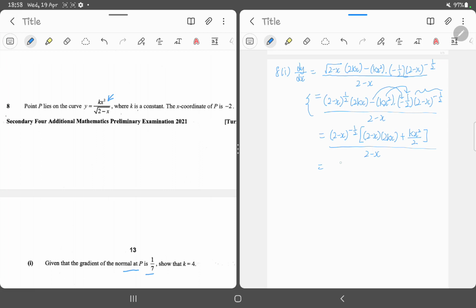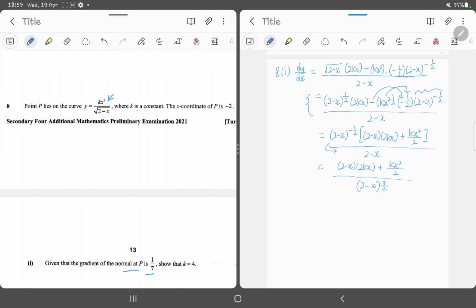So we get 2 minus x, 2kx plus kx squared over 2, over 2 minus x bracket whole thing to the power of 3 over 2. Because I bring it down, it becomes 2 minus x to the power of 1 over 2 times 2 minus x in the denominator. So by the law of indices, half plus 1 is 3 over 2. So that's how I get the denominator over here.